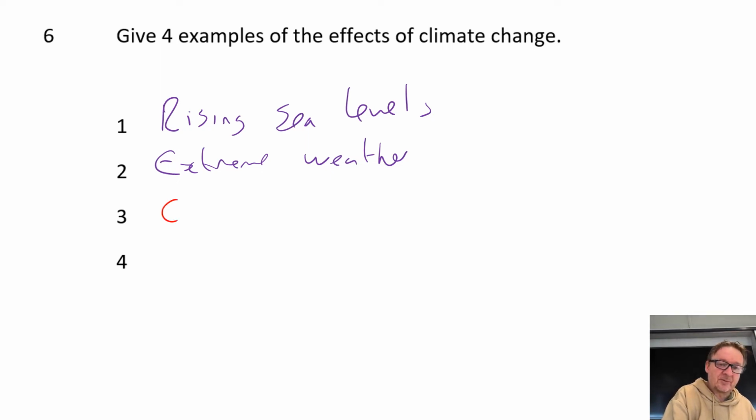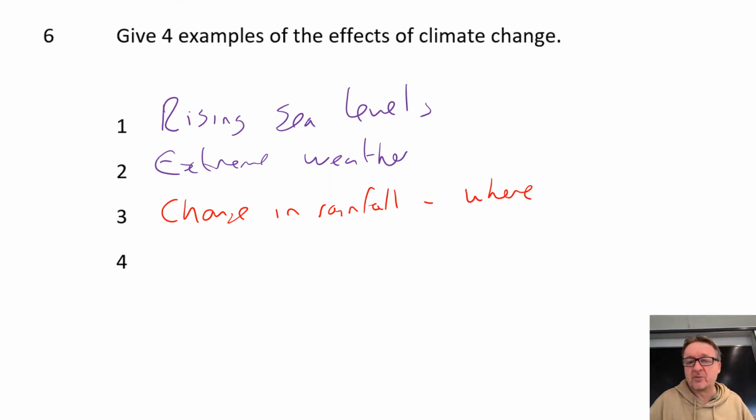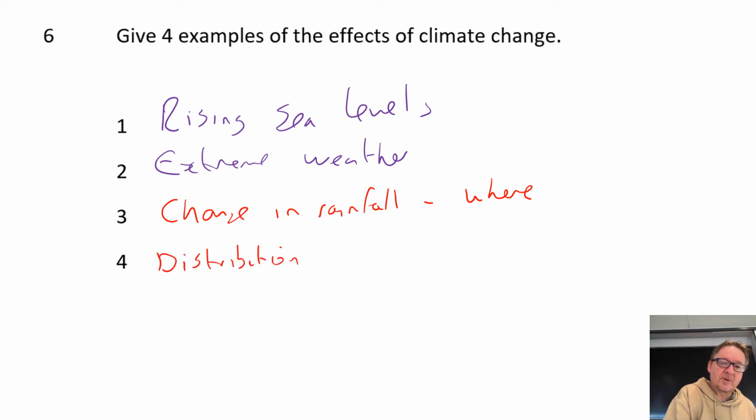Changes in rainfall and where, right? So we seem to be getting a lot more rainfall than we've ever had. Number 4, distribution of species, okay, and then it can lead to extinction.